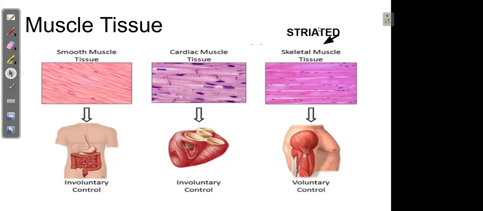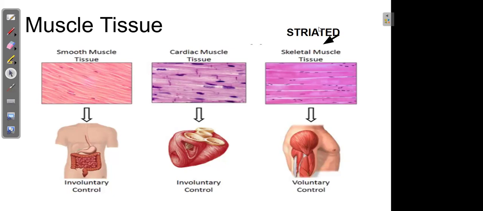They are not under our will and control. That means their working cannot be controlled by us. As you can see, the muscles of the alimentary canal are not under our will and control. They are continuously working, but we are not regulating them and we can't regulate them.